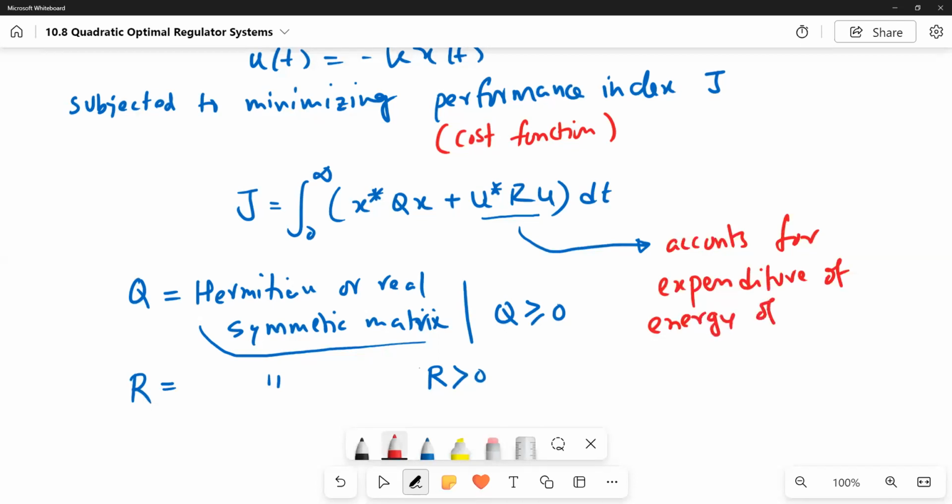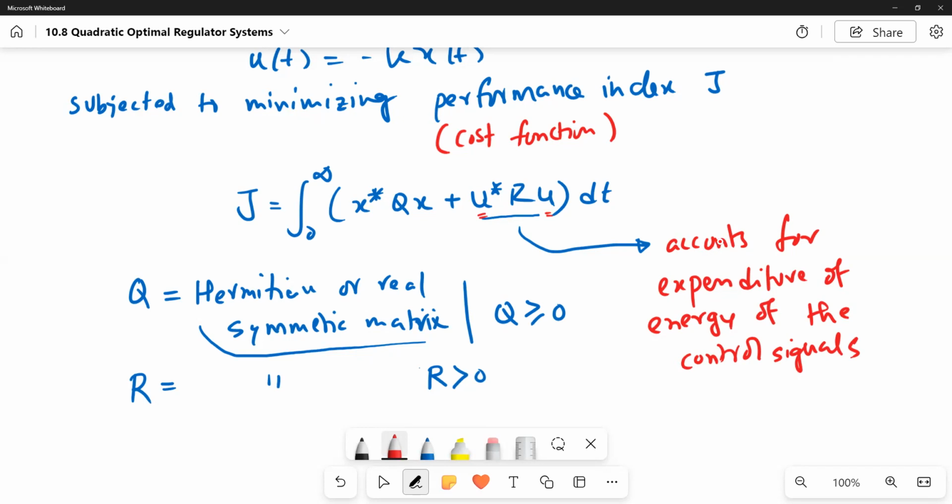Basically, they refer to it as the control input signal. Because u is there, it refers to how much energy you're putting into the system through the input. So that accounts for that.